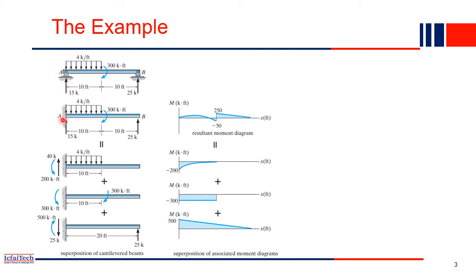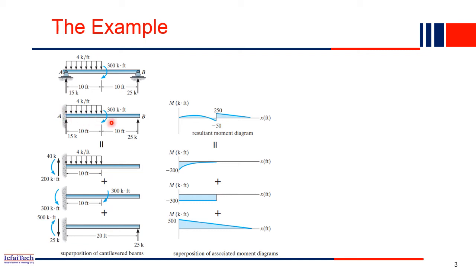But in our hypothetical beam, what we made is this end a fixed end, and then you have the same UDL, and then you have the 300 acting, and here although it is a reaction force, 25k is acting upward, in our hypothetical beam we considered it as a force acting 25k upward. So this is our hypothetical beam. What we did is we essentially changed the hinge end into a fixed end. That is the only change we have made.